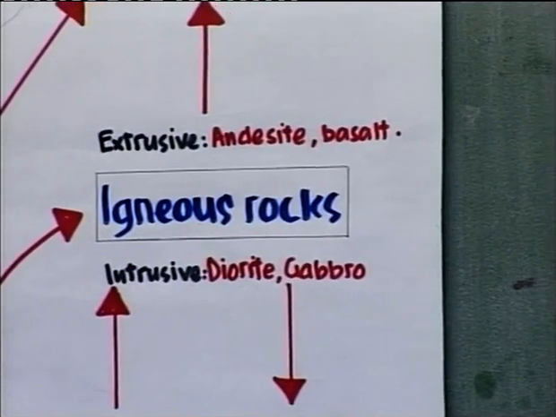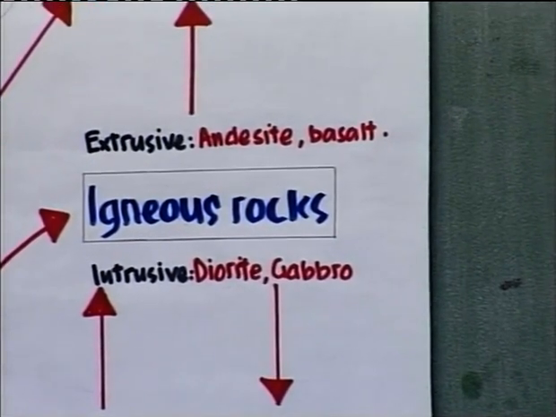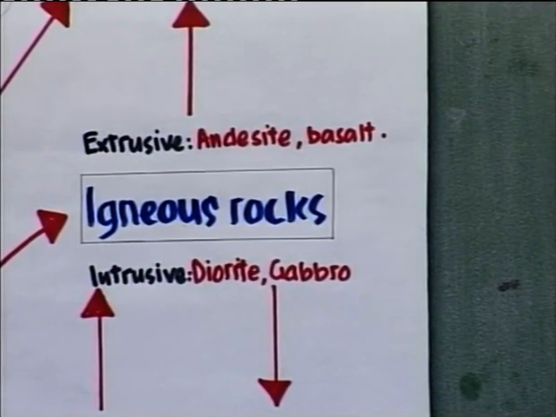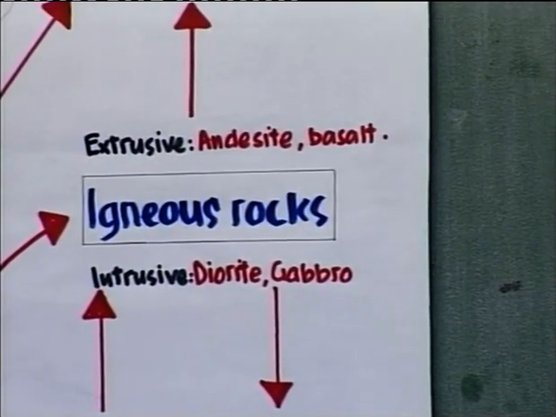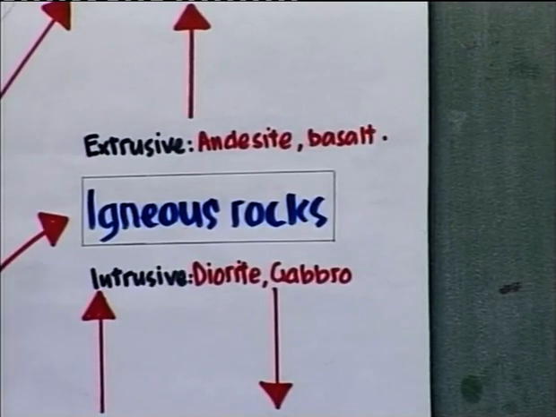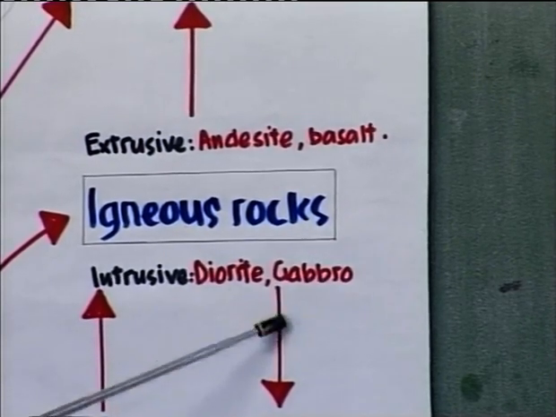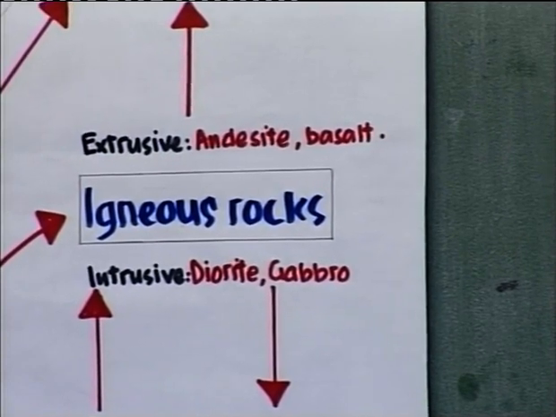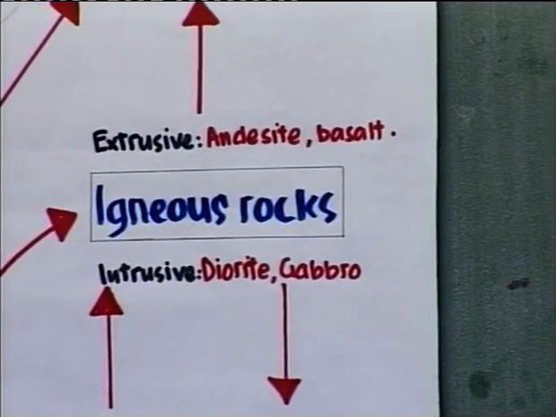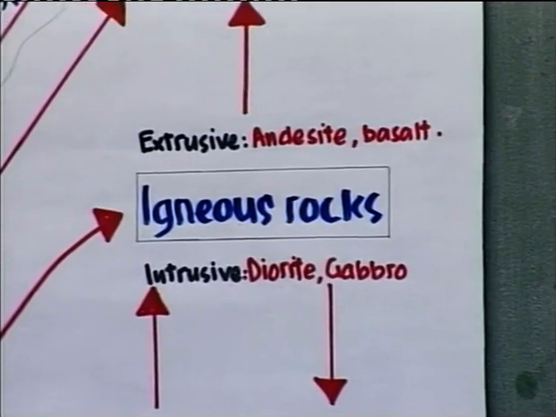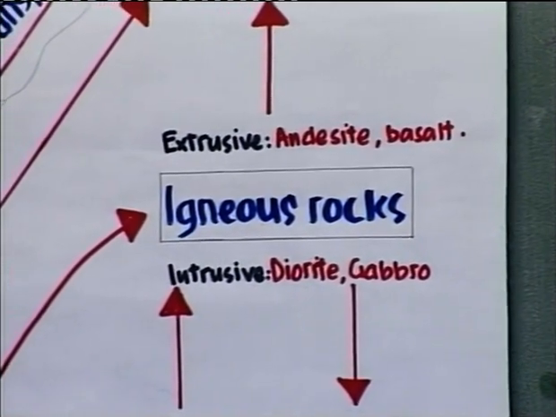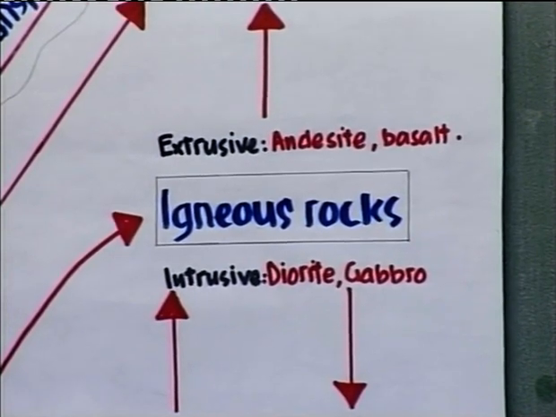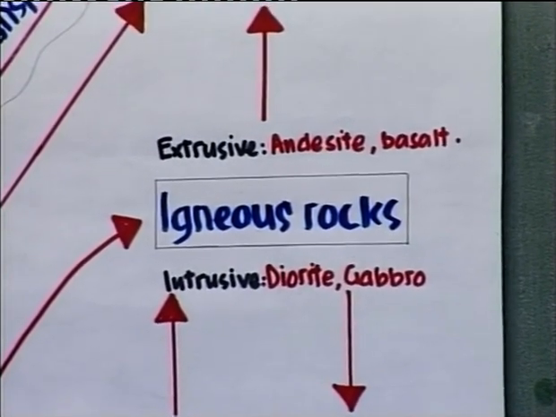The crystals are large due to slow cooling and solidification within the surface. Examples of intrusive rocks are diorite and gabbro. Extrusive rocks are formed on the surface. The crystals are fine due to rapid cooling on the Earth's surface.